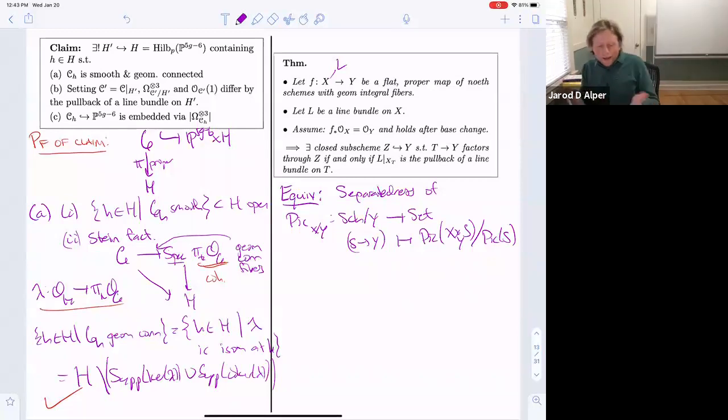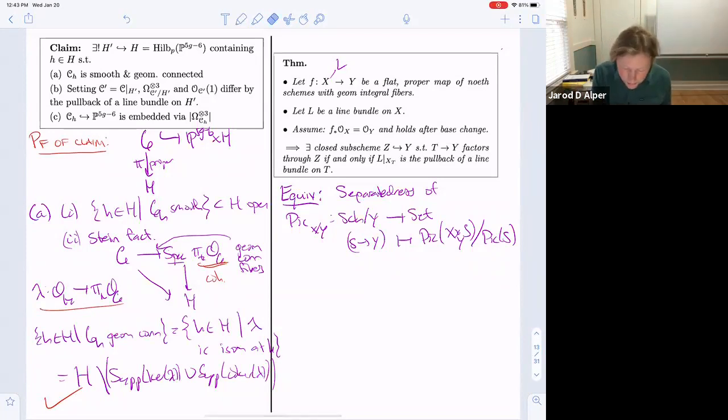I'm just saying this because it addresses the fact that sometimes complicated statements like the one above, if you reinterpret them in the moduli perspective, have a nice translation.